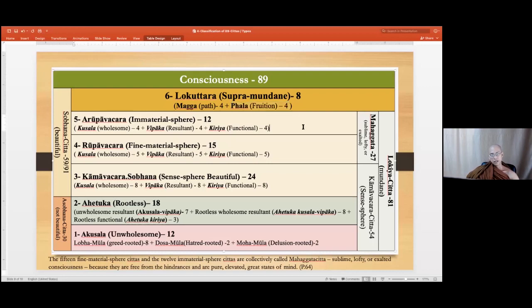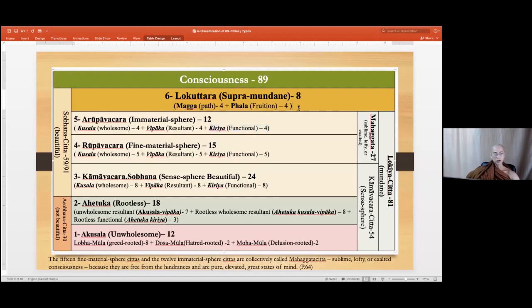And also Kriya Citta, altogether 20 Kriya Citta, functional consciousness. There is none in Akusala; it starts from the rootless consciousness, rootless functional 3, and Kriya. Since pure beautiful has the functional 3, altogether 11, and here 5, and Kriya functional 4. This becomes 20.